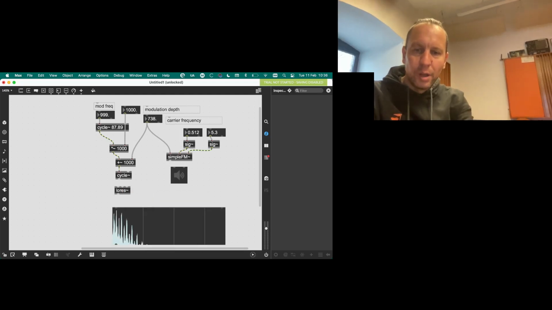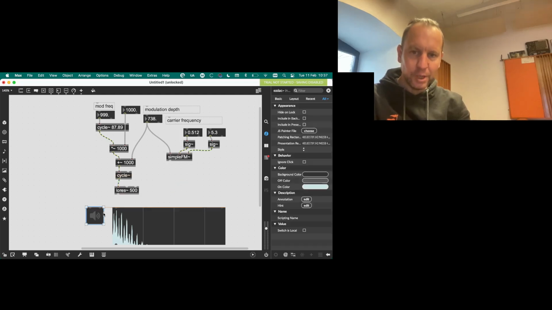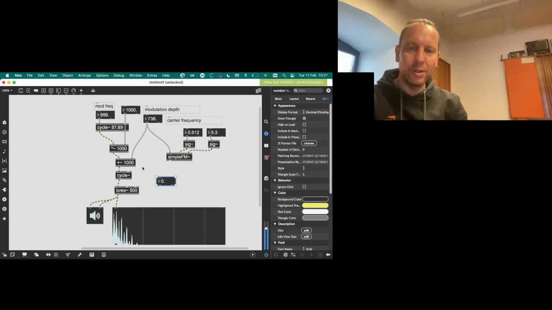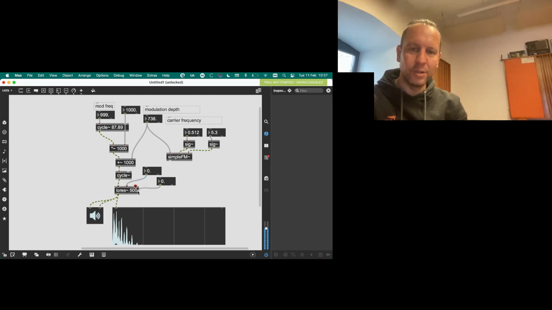Actually, yesterday I added one as well. I'll make a low-pass resonant filter at 500 Hertz. Just so you see, in Max MSP it is quite straightforward. Things connect fairly intuitively to start with. And then you see some parameters for different inlets. This is the cutoff frequency.